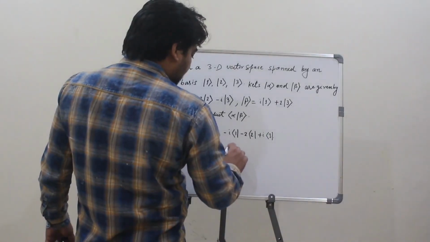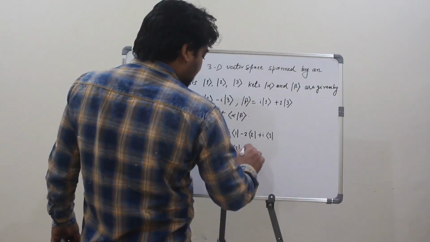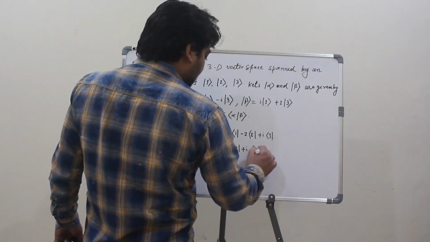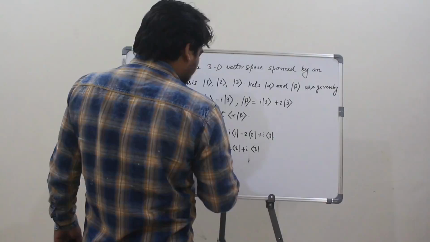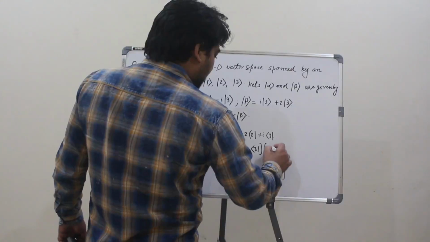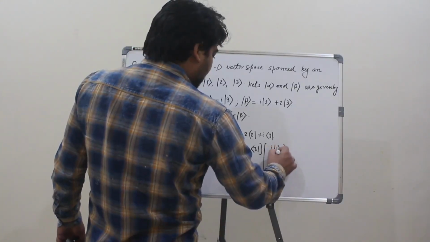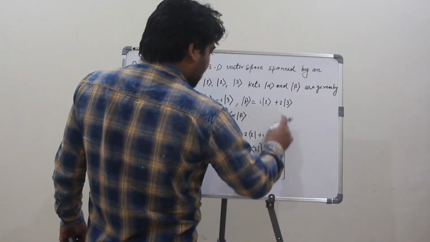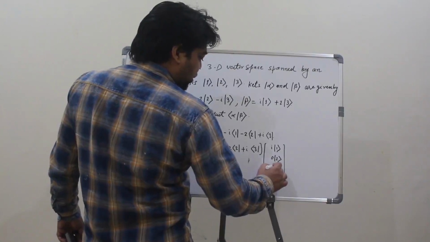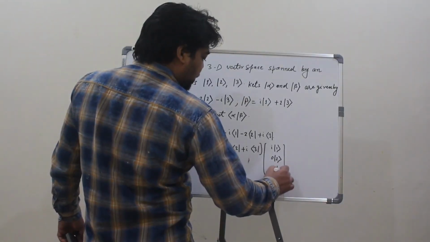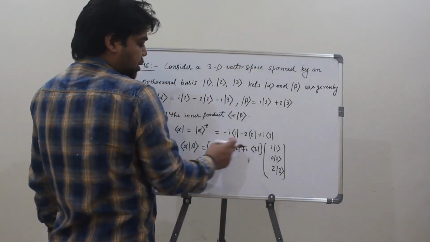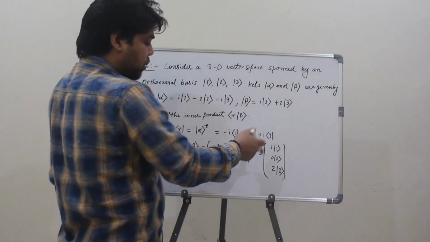The bra, minus i <1| minus 2 <2| plus i <3|, is completely multiplied by this vector, which is i|1> and then 0 multiplied by |2>, where there is no eigenvalue associated with |2>, and then 2|3>. Now just take the simple multiplication. As these are orthonormal bases, as it already says, there will be no cross multiplied terms. Remember that.